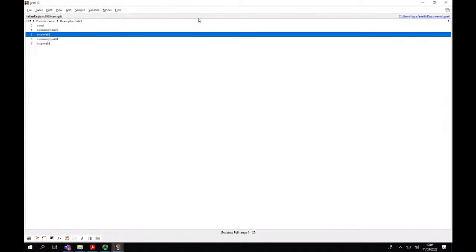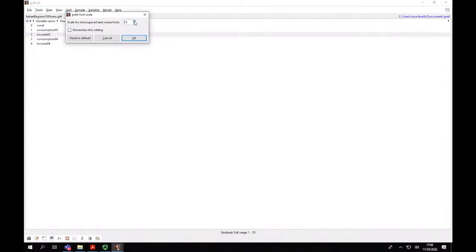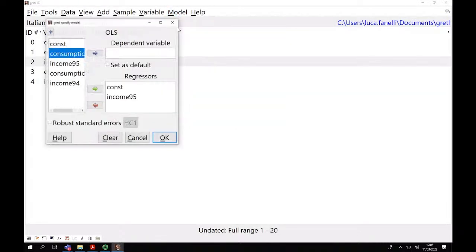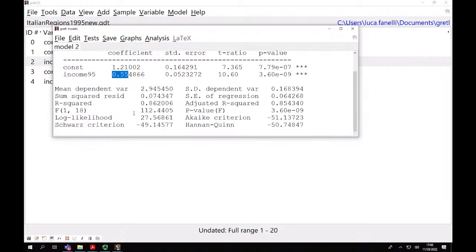Sorry, I have to increase the font. Tools, preferences, font scale 20. Okay, so the model estimated by OLS is this: consumption 95, constant, income 95. I click OK, and this is the estimated model.